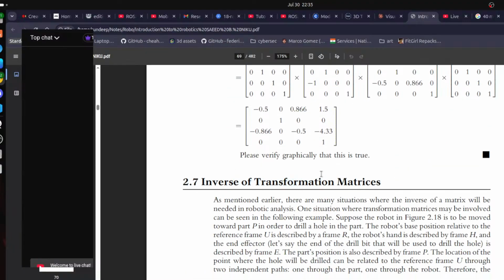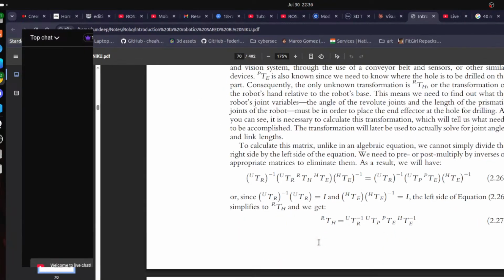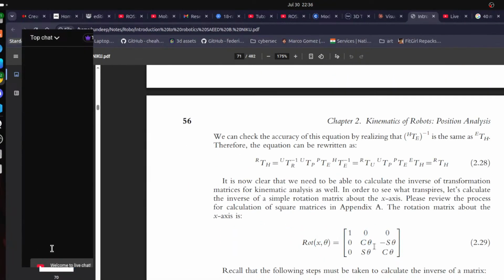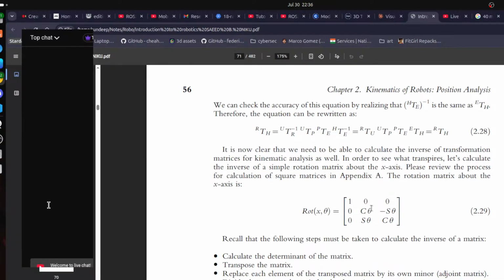It's just inversing a motion, inversing a transformation matrix. That's again pretty easy. What you do is simply find the inverse of this matrix by calculating 1 by the determinant, and then the adjoint of the matrix. And adjoint can be calculated by taking the transpose of the matrix. I could show you the transpose in my notes.